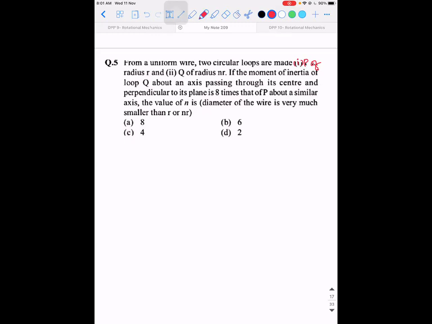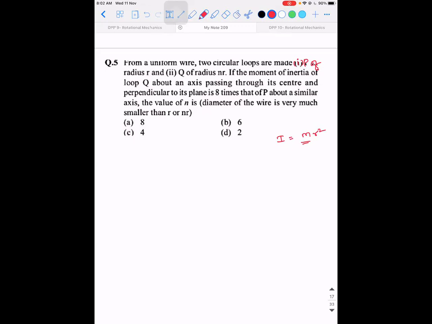Let's think logically. Since they're talking about moment of inertia, for a circular loop I know the moment of inertia is m r square. So what data do we need? We need to know its mass and its radius, right?